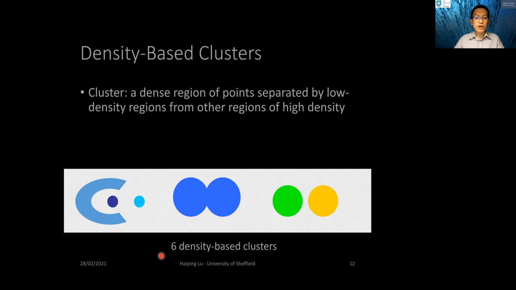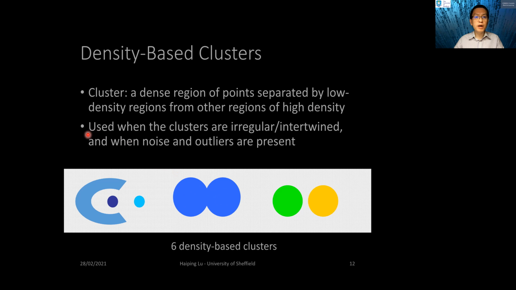And if we use density-based clustering, they are considered to have 6 clusters. So this is one cluster because they are very high in density. And this is another one, and this third one. And these 2, because they are connected, have high density, so they are considered as one cluster.